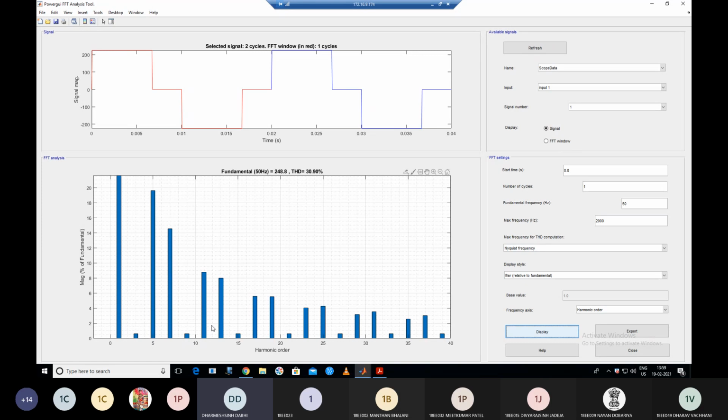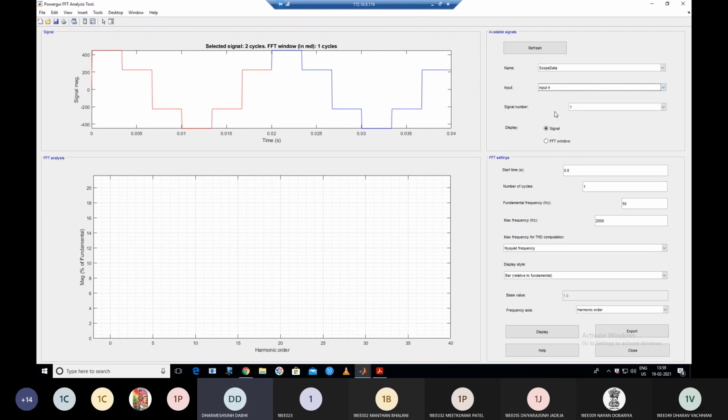Understand all of you? Same way you can also do the FFT analysis of the 6-step line voltage. So input 4, that is your VAB. Yes, so you can see here, this waveform comes here. So this red line is one complete cycle of the VAB voltage.